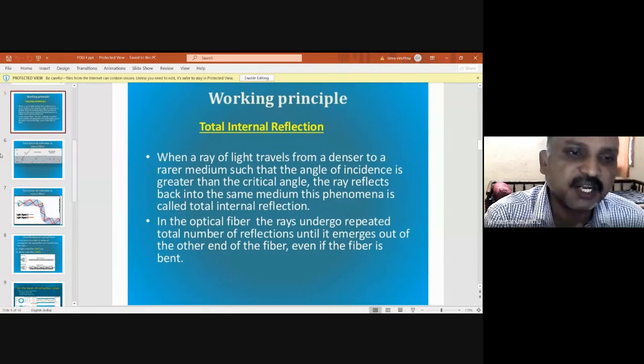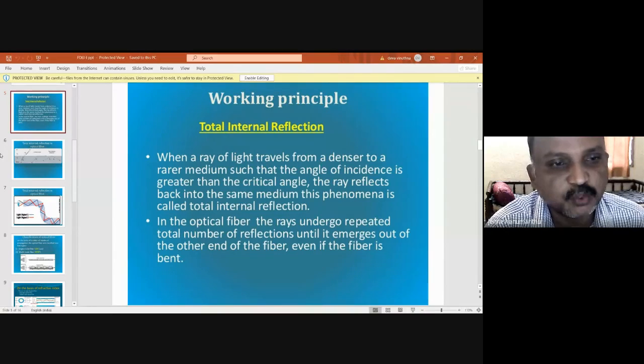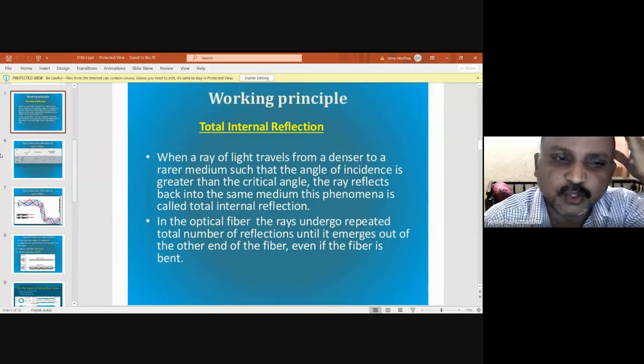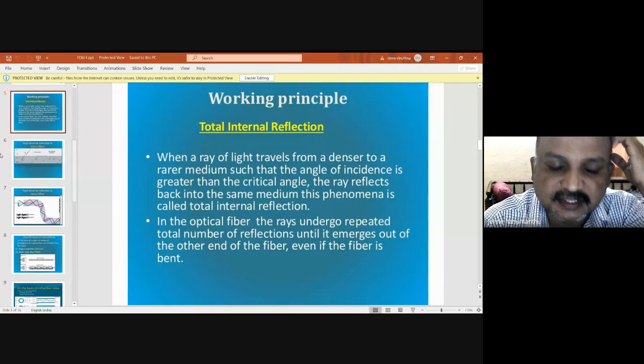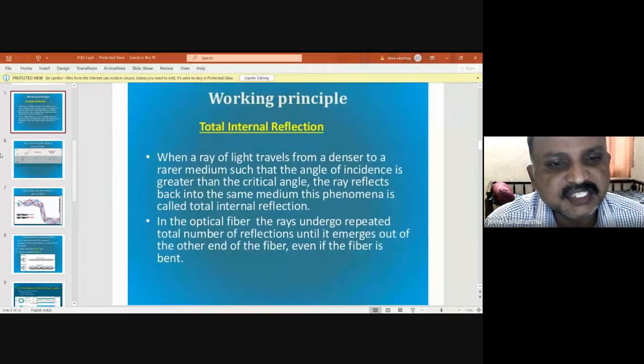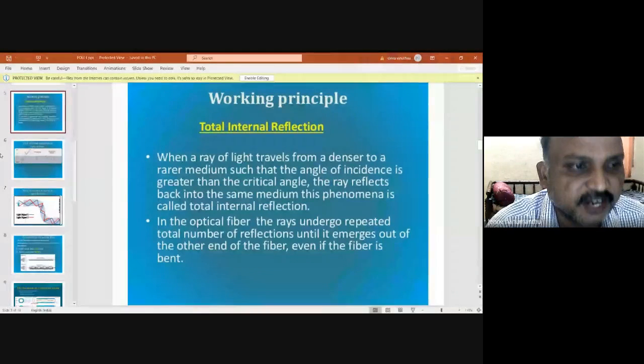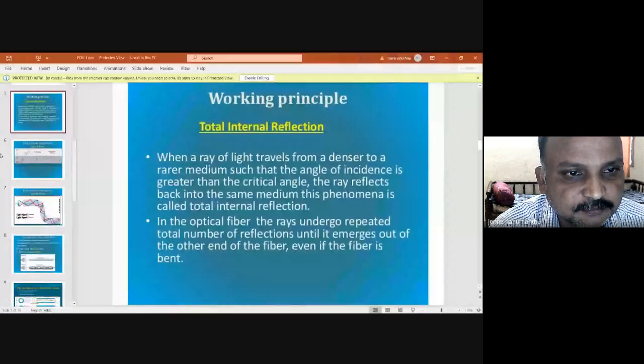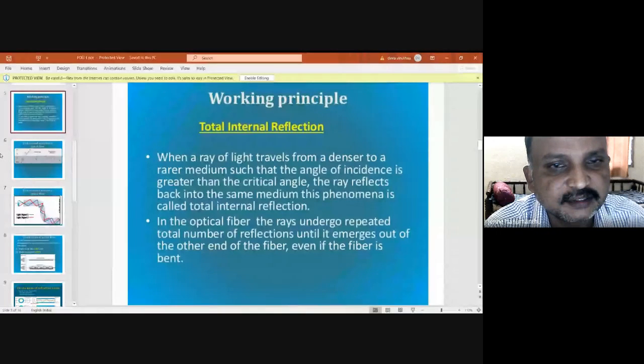Remember, the two indexes are not the same. What is index generally? Tell me. What is refractive index? This can be easily understood by going to the next slide.